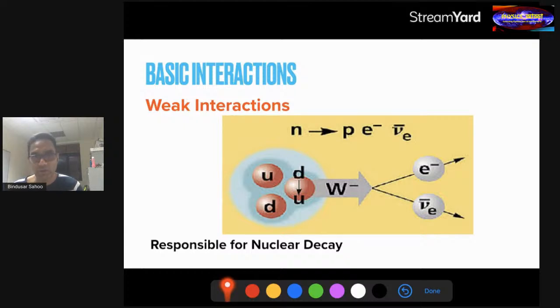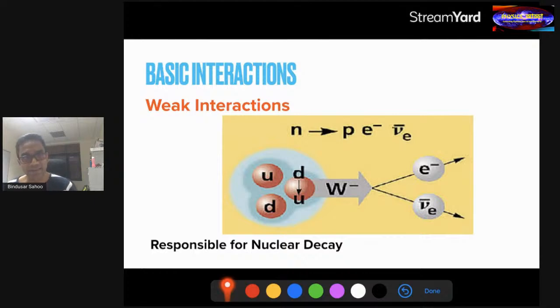The D quark of the neutron becomes a U quark by emitting a charged particle called the W minus boson, a negatively charged boson. So the D quark emits a W minus boson and becomes a U quark, and that is how the neutron becomes a proton. This W minus boson further decays into an electron and an antineutrino.